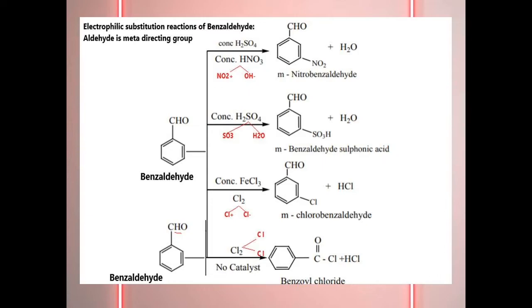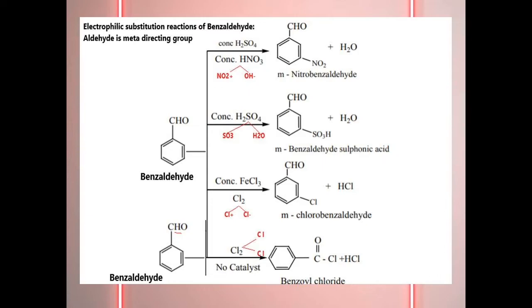Now NO2 plus is a positive character, so it is attracted by the electrons of benzaldehyde in the meta position, so we get meta-nitrobenzaldehyde. Suppose benzaldehyde is added with concentrated sulfuric acid, we can split the sulfuric acid as SO3 and H2O. SO3 is a neutral electrophile, so on the product side we get SO3H, which is called meta-benzaldehyde sulfonic acid.